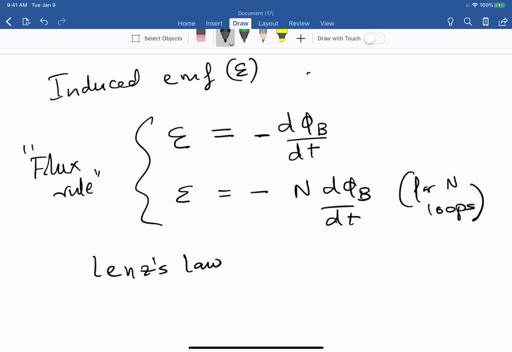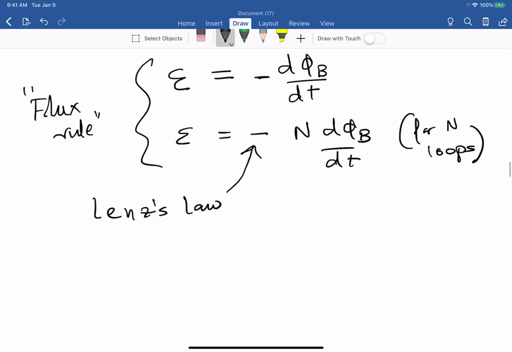The direction of the induced EMF is given by Lenz's law, and this minus sign is really due to Lenz's law. Now, there is a way of using this minus sign in doing calculations and problems, but I'm going to show you a simpler way of figuring out the direction of the induced EMF, and we will end up never actually using this minus sign.